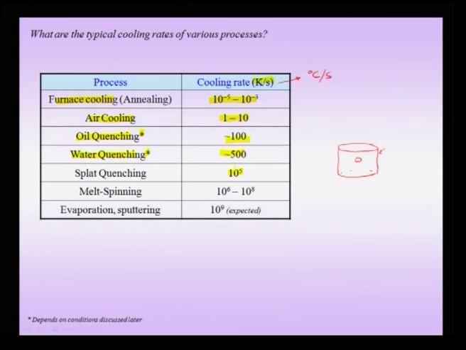Now, an even higher cooling rate is obtained by a process known as melt spinning, and you can obtain cooling rates of the order of about 10 power 6 Kelvin per second.